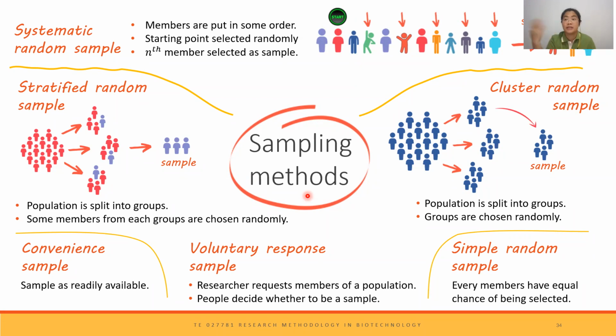Maybe not now, maybe in the future. Maybe you have some idea of how different they are and which you prefer to use. Okay, let us start from the bottom here. The first type of sampling method is the convenience sample. Maybe we see this all the time.